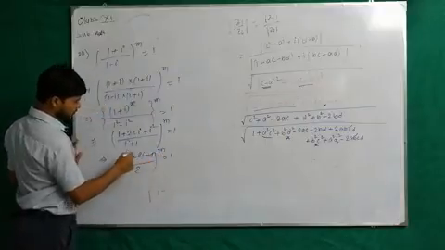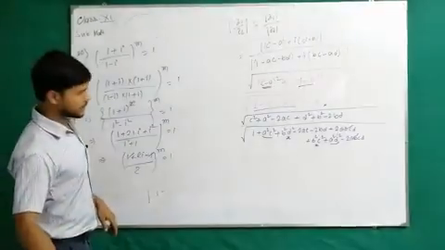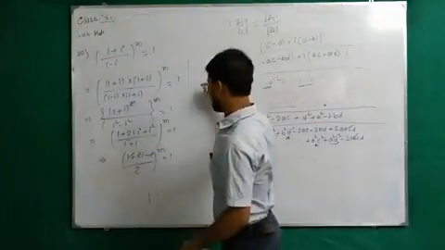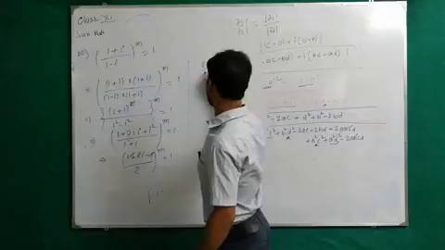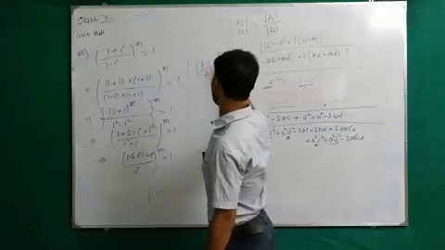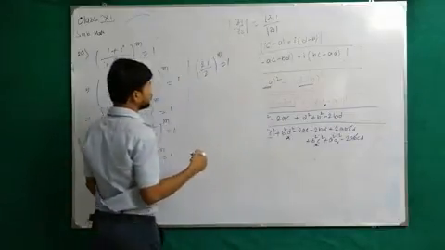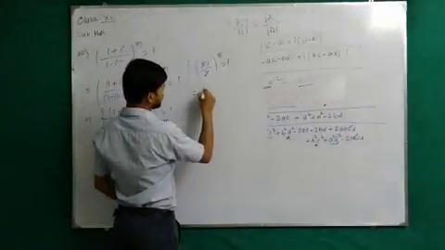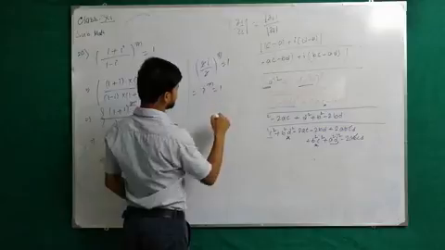So this plus 1 and this minus 1 will cancel each other. That means we have (2i by 2) whole to the power n is equal to 1. 2 and 2 cancel, so i to the power n equal to 1. Okay.